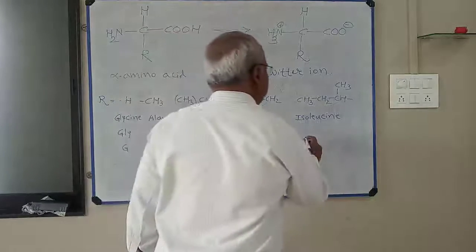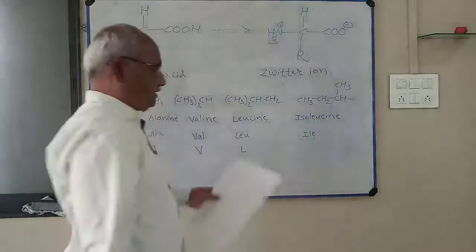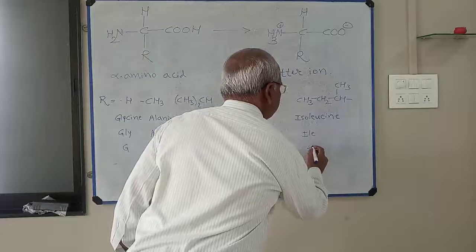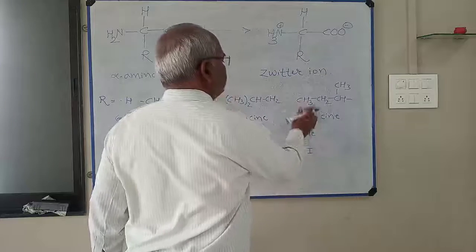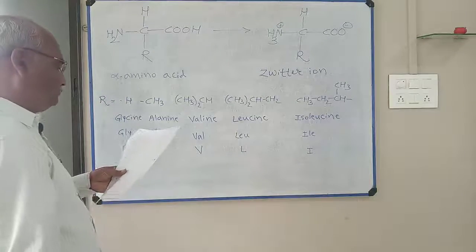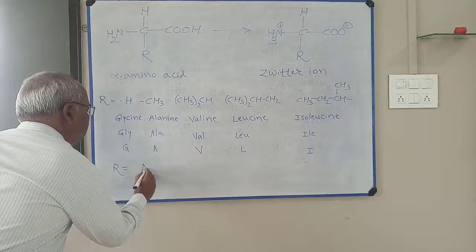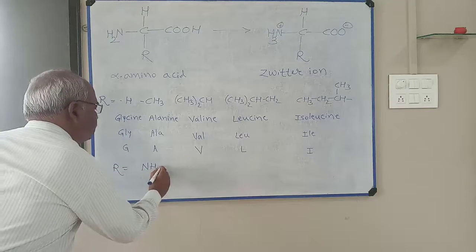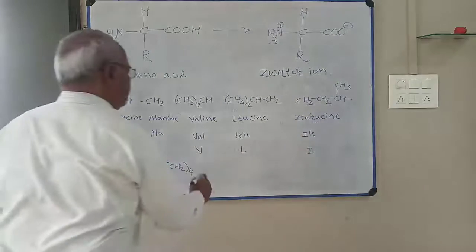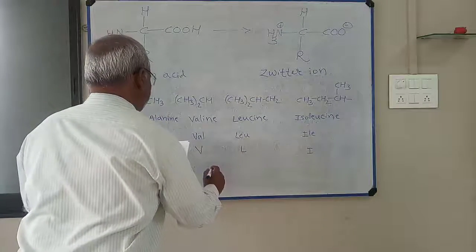And it is denoted by ILE and capital letter I is used. Symbol I is used for isoleucine. If R is equal to NH2 CH2 4 times, then it is called lysine.